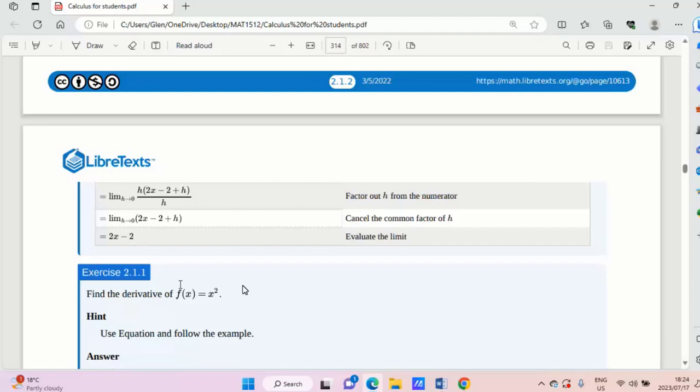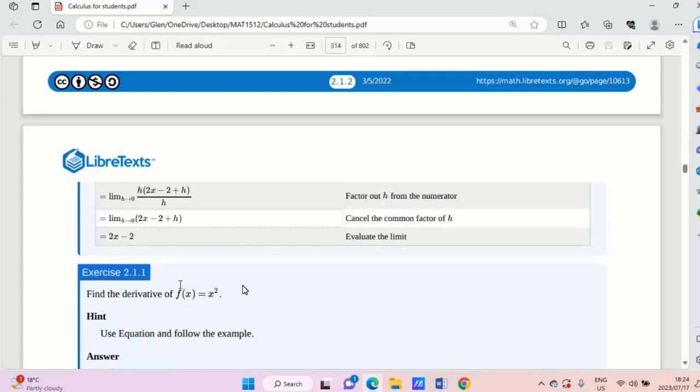Okay. I've substituted. I used the formula f of x plus h minus f of x over h, the limit when h approaches 0. And then when I substitute, x plus h squared minus x squared over h, then I got x squared plus 2xh plus h squared minus x squared over h. Then I cancel x squared minus x squared.